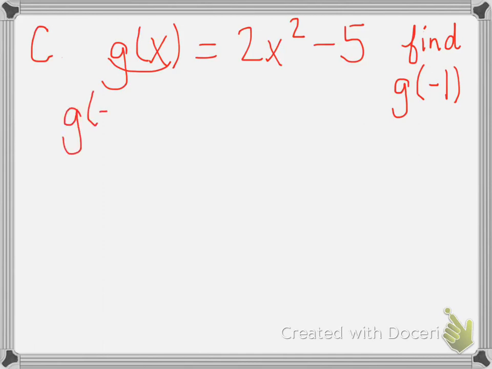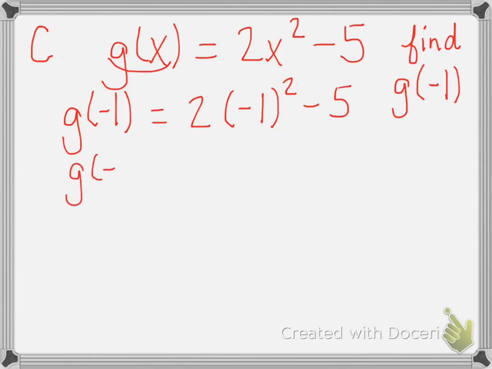So g of negative 1 is equal to 2. Use parentheses here. It's very important because squares can throw people off. Remember, we have to follow order of operations. And then minus 5. So the first thing we do here is take care of the exponent. So g of negative 1 stays.